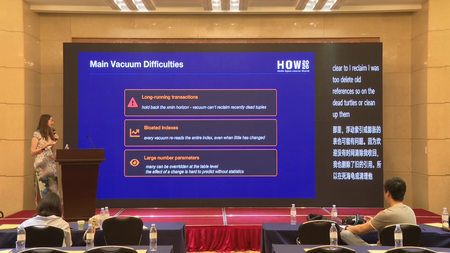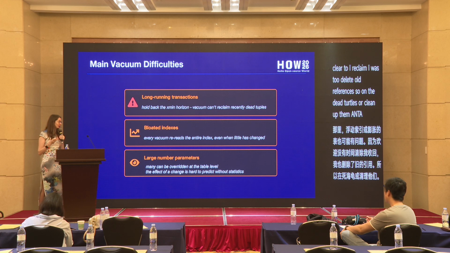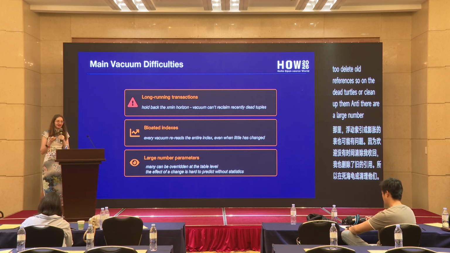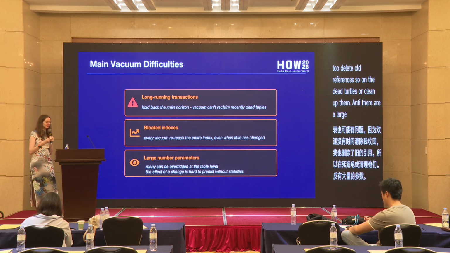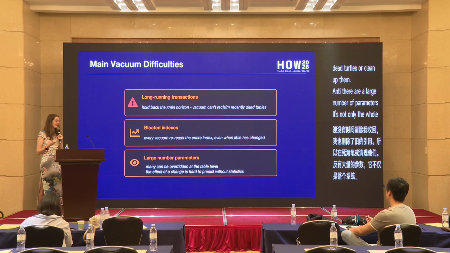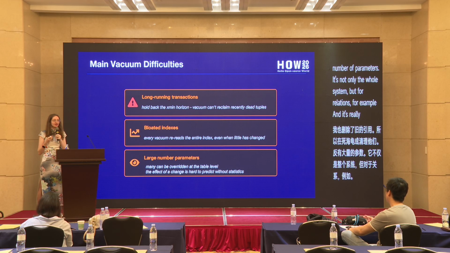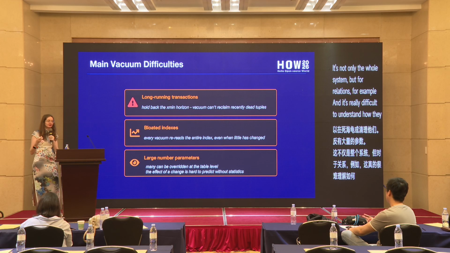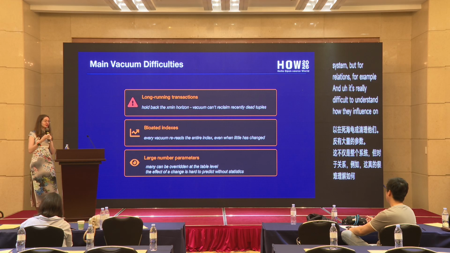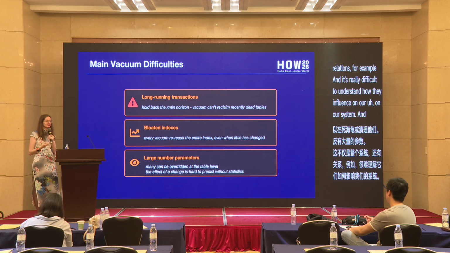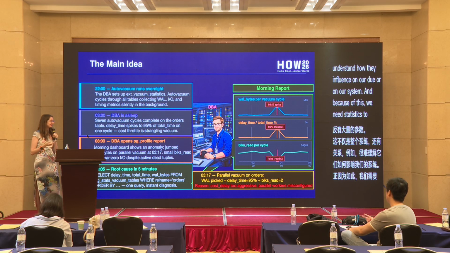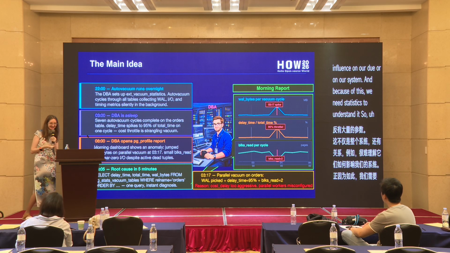And there are a large number of parameters, and not only for the whole system, but for relations, for example. And it's really difficult to understand how they influence our system. Because of this, we need statistics to understand it. So it's a problem for us.